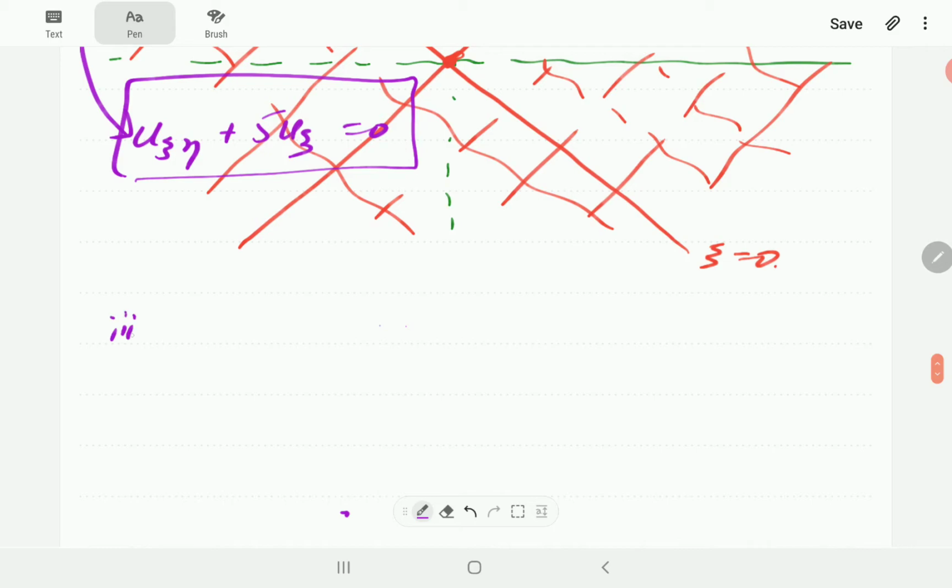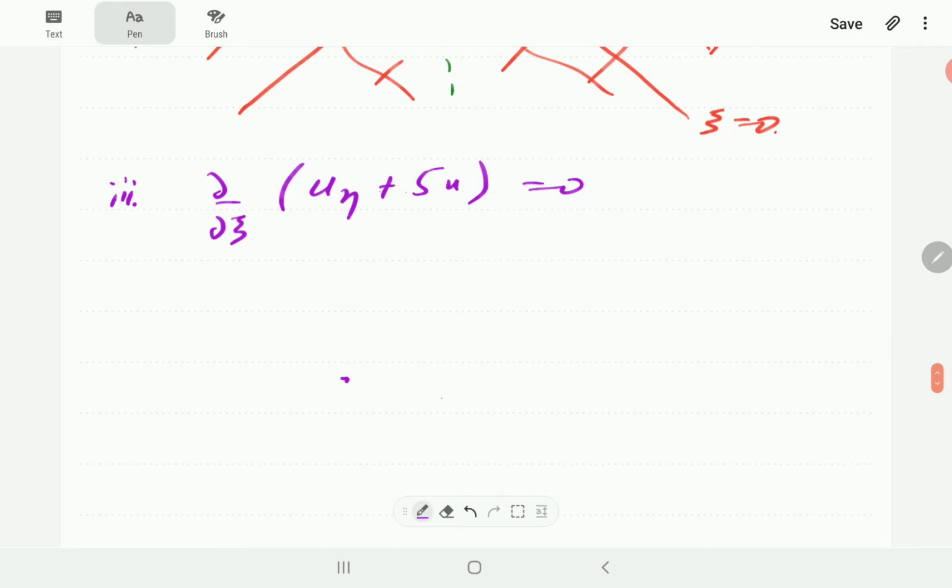So in part 3, this we can write as partial xi of u eta plus 5u equal to 0. Integrating with respect to xi gives us u eta plus 5u equal to f of eta, since we integrated with respect to xi.